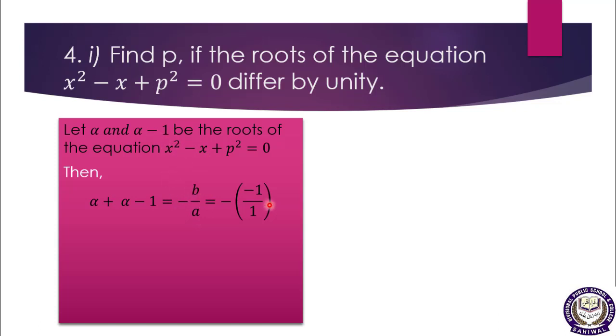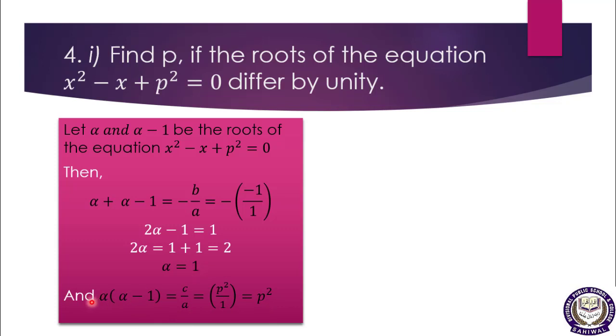Putting the coefficient of x, that is minus 1, and the coefficient of x square, that is 1, we get alpha plus alpha minus 1 equal to 1. Alpha plus alpha means 2 alpha minus 1 equal to 1. Taking this 1 from the left hand side to the right hand side, we get 1 plus 1, which is equal to 2. Dividing this equation by 2, we get alpha is equal to 1.